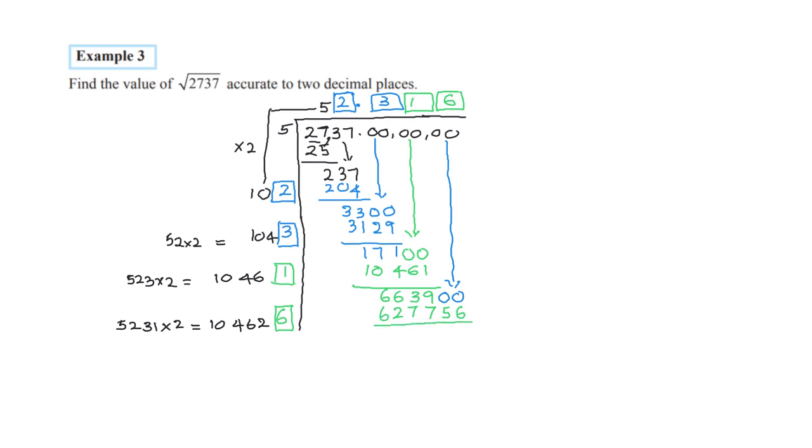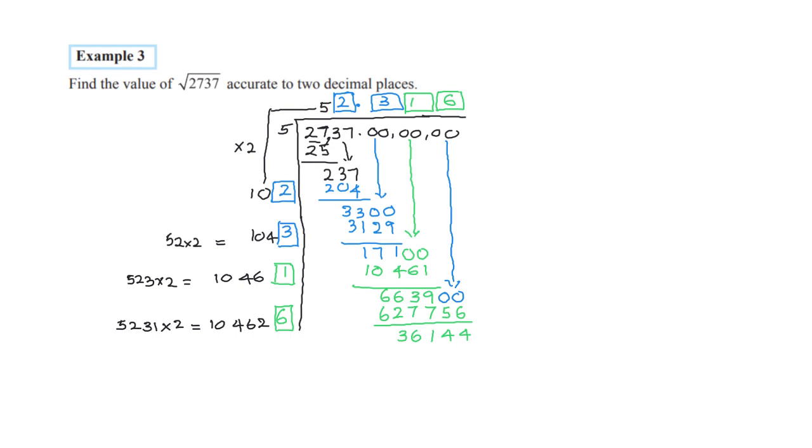Then subtract. You have 4, 4, 1, 6, and 3. 36,144. That is the remainder. So we have the answer to 3 decimal places.